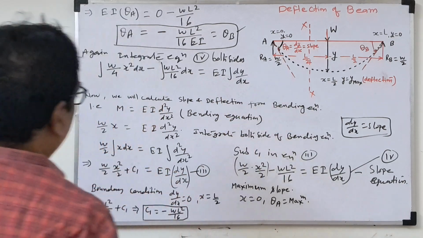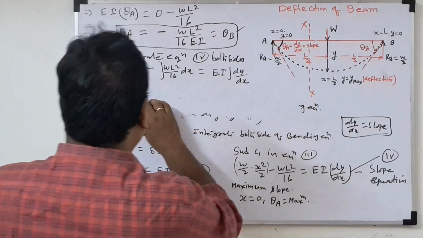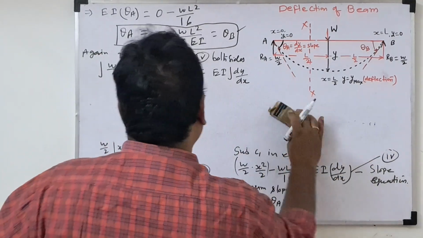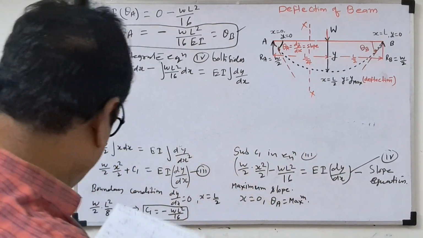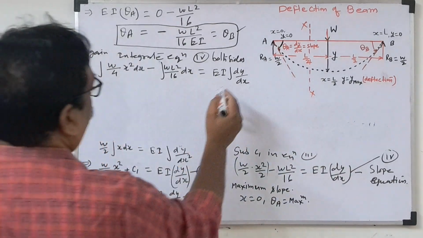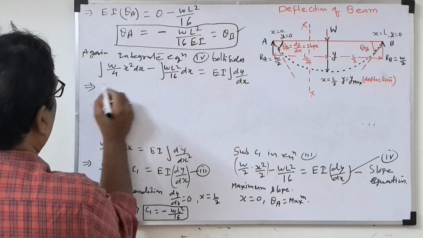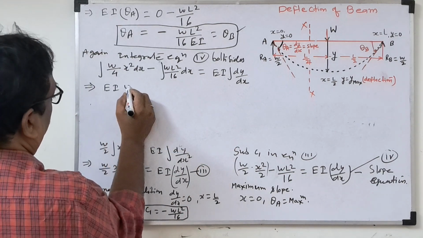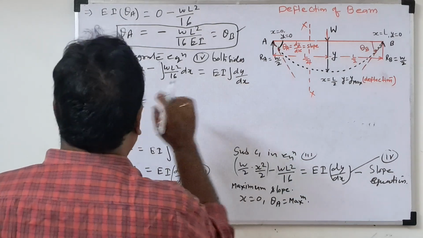What integration will come? EI y, the integration of dy by dx is y.